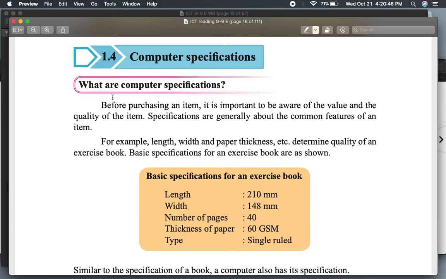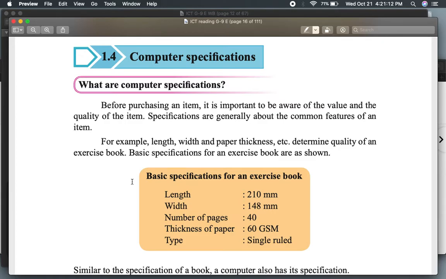For example, length, width, and paper thickness, etc., determine the quality of an exercise book.